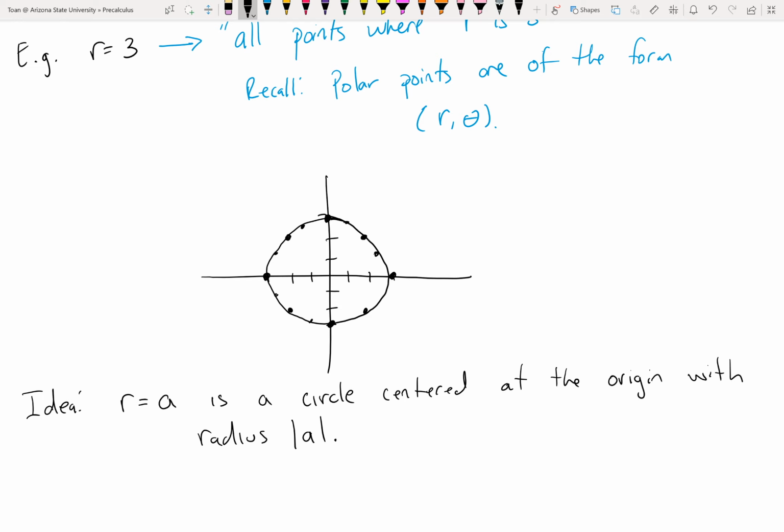We say absolute value of a because radius is a length and it should always be positive, and it is possible to have polar equations with negative r. So that's one of the special polar functions. r equaling a number will always be a circle with a set radius.